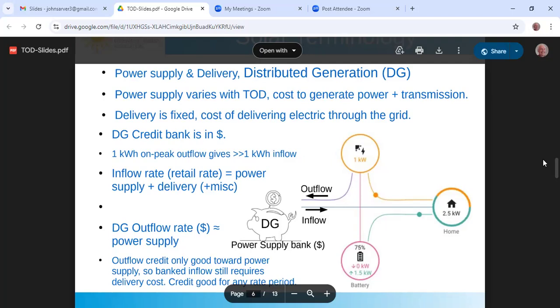They'd be taking a larger amount out of your piggy bank, and they'll also take out distribution or delivery charges. Consumers has already set up their billing system this way. DTE hasn't yet, but they're supposed to, from what I understand. And then any outflow that you have depends on when you outflow it.